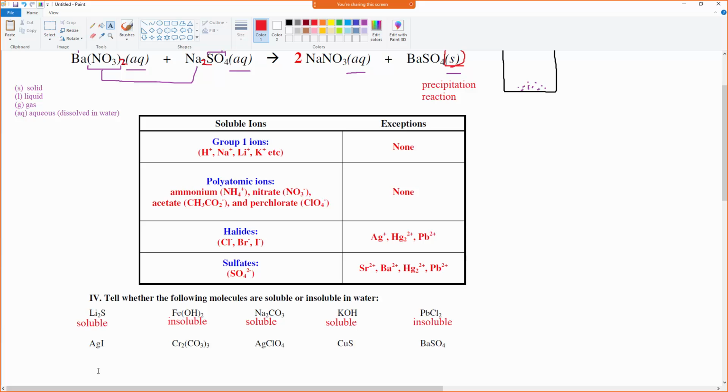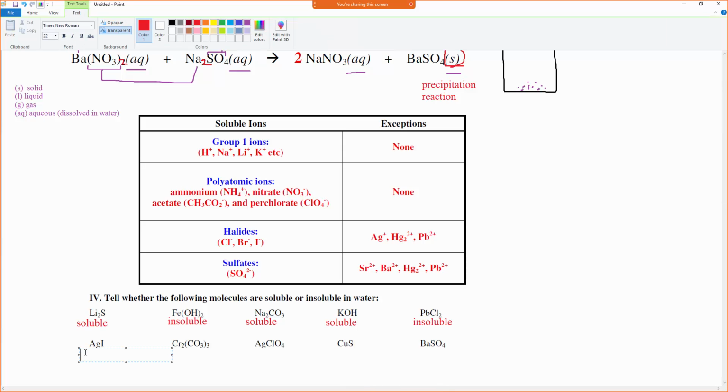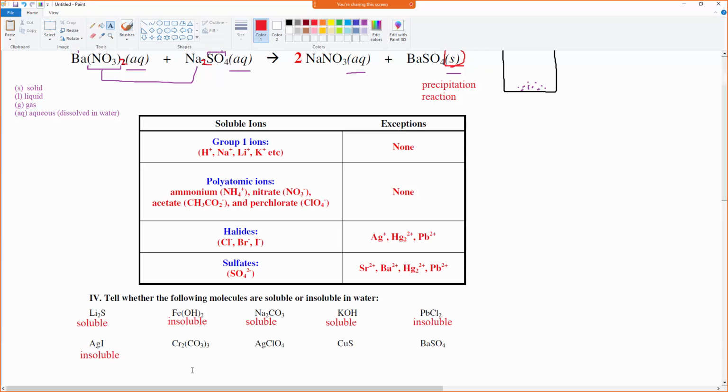Does that make sense, Zach? Awesome. Okay. AgI, what do you think? Insoluble, why? Yeah, because silver is an exception to the rule where iodine is usually soluble.